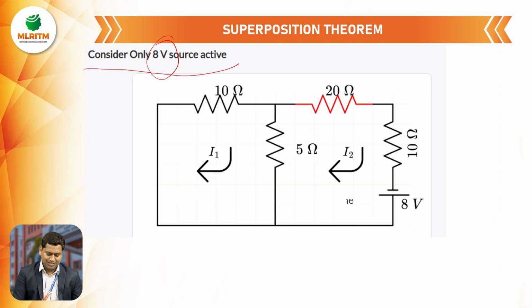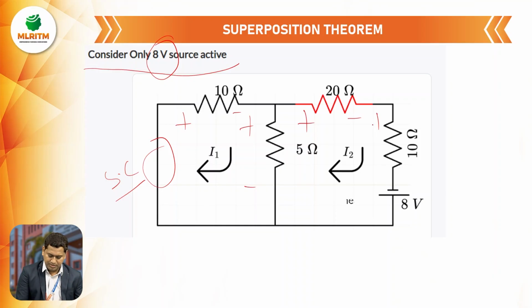Obviously it is short circuited. So this is the short circuit, this is case 2. Similarly I1, I2 and the polarities plus minus for loop 1 and loop 2.